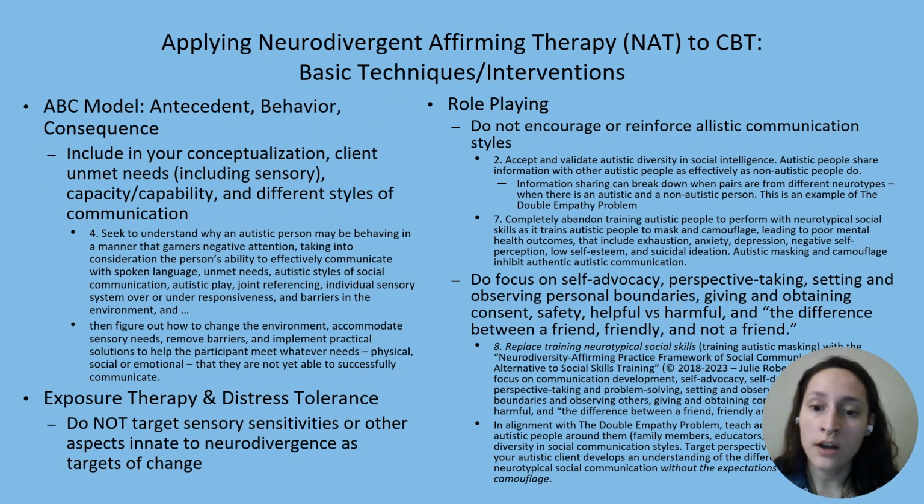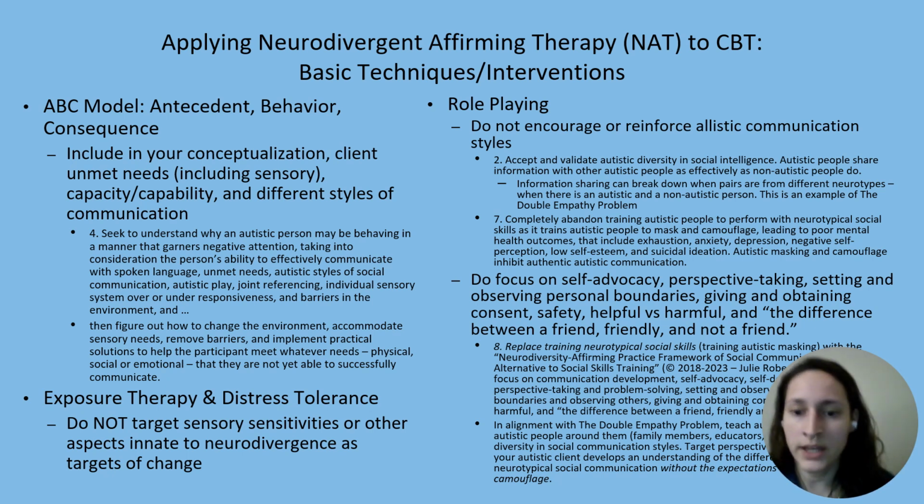Now we're going to talk about some specific interventions used within CBT and how they should be thought of differently within the framework of neurodivergent affirming therapy. According to the ABC model, antecedent, behavior, and consequence, now we want to include in our conceptualization client unmet needs, including sensory needs, capacity, capability, and different styles of communication.